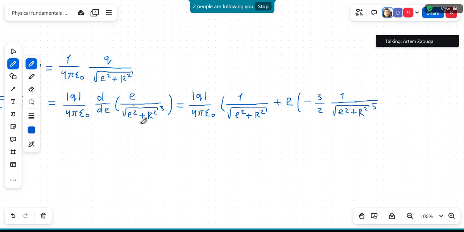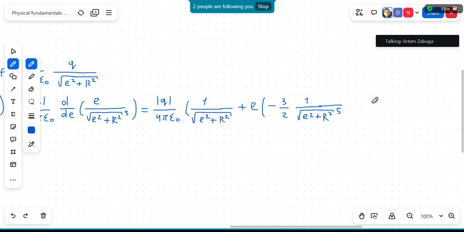And under the square root, we also have a function of L. It means that we have to use the chain rule to calculate this derivative.